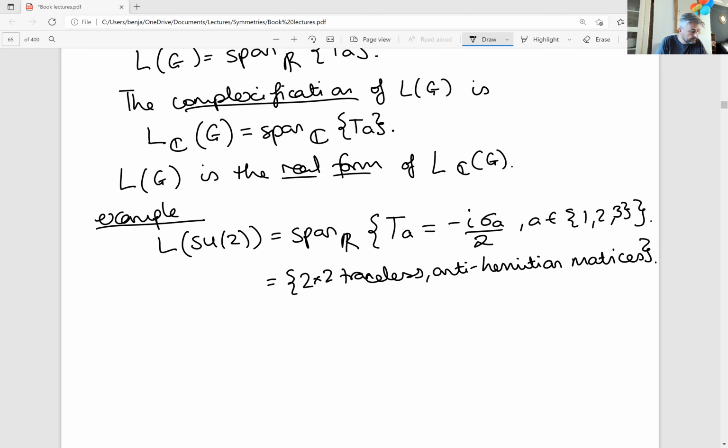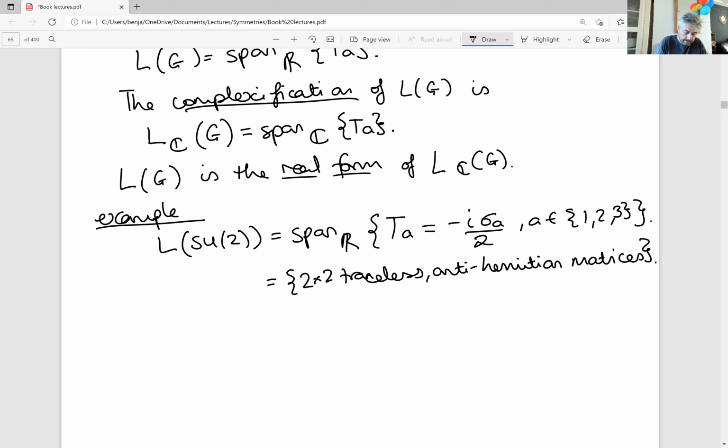And remember that when we had the Lie algebra of SL(2,C), this was, oh no, sorry, I beg your pardon, jumping ahead of myself.